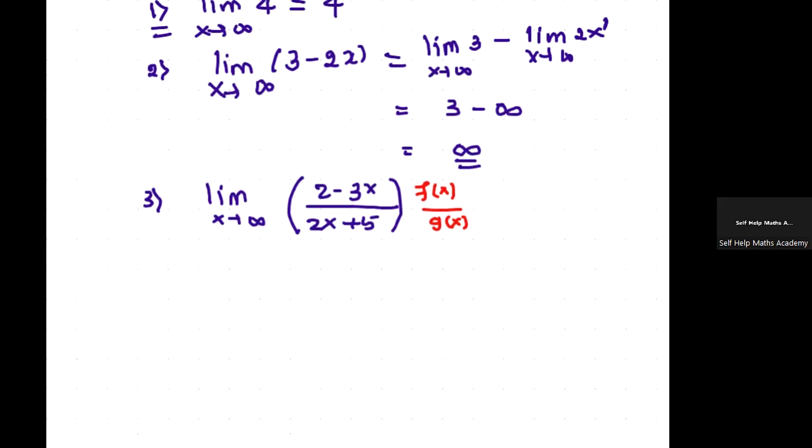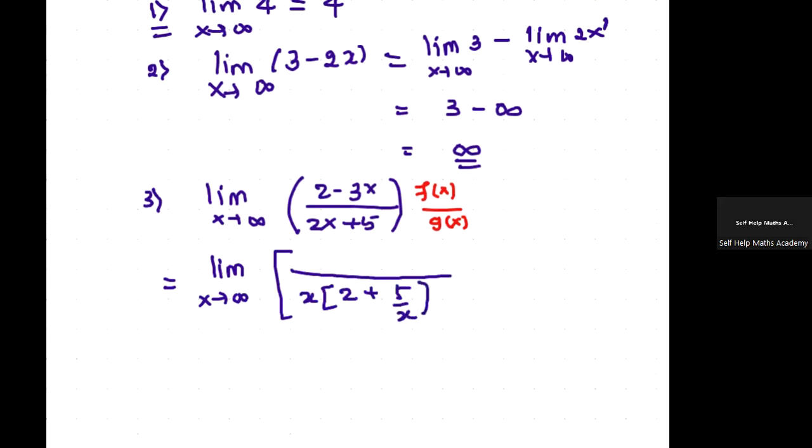This is equal to limit as x is tending to infinity. So here we can take this x out of the denominator. So this will be 2 plus 5 divided by x. And here also you have to take x, because whatever we are taking in the denominator, we need to take it in the numerator as well. If I take x out, this will be 2 over x minus 3.